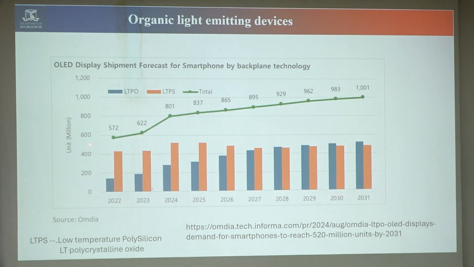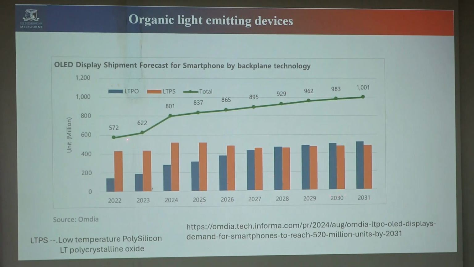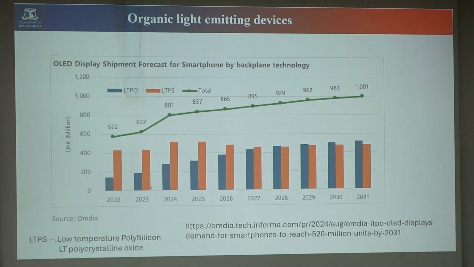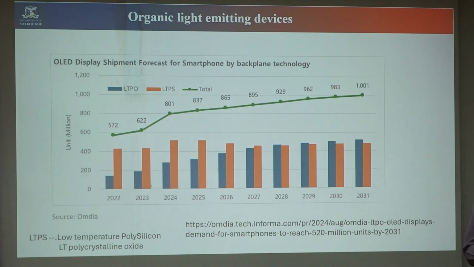These are all in 600 million. From 2022 it is expected that the shipment of OLED will increase to 1,000 million. It is close to 1 billion. So now OLED is a growing market. A lot of development is going on in this. Okay, this is some example of the current development.